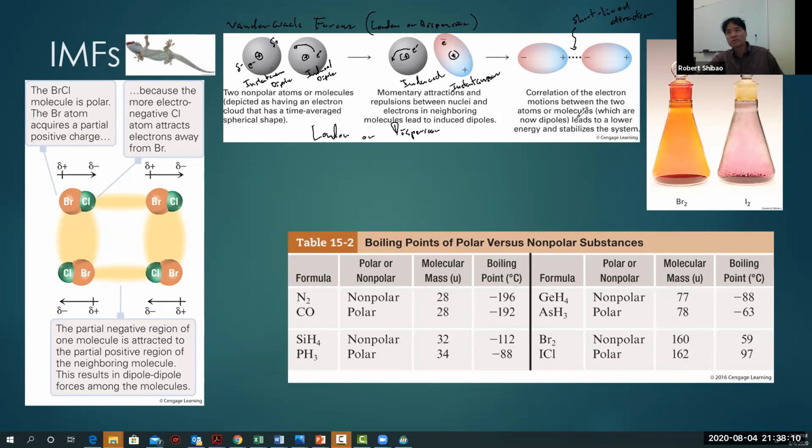They could be molecules as well, like in this case, bromine, Br2, and iodine. It depends on how many total electrons we have. We can look at the periodic table and see how many electrons bromine has and compare it to iodine.